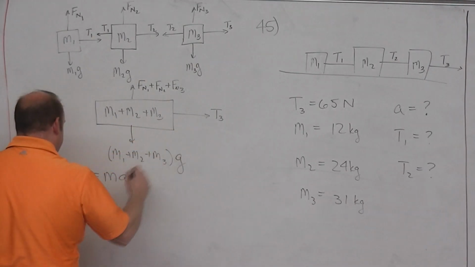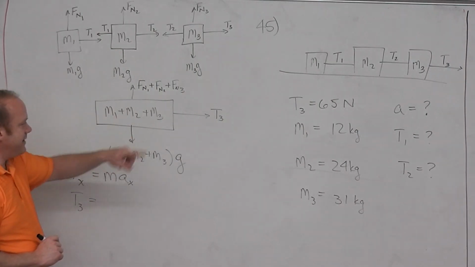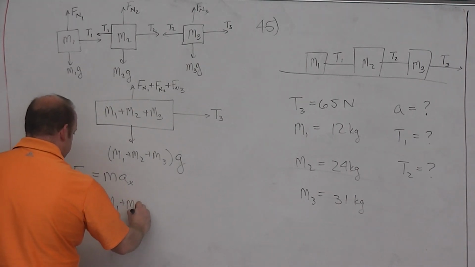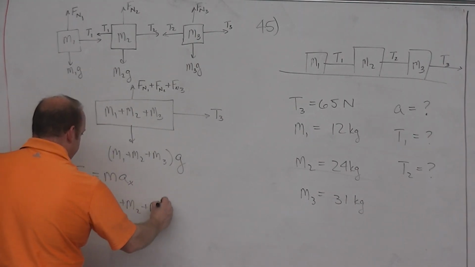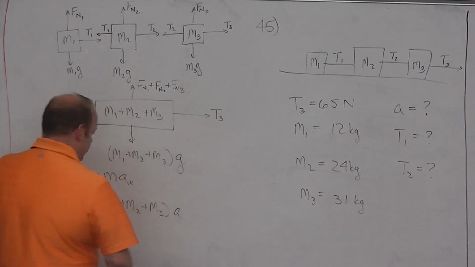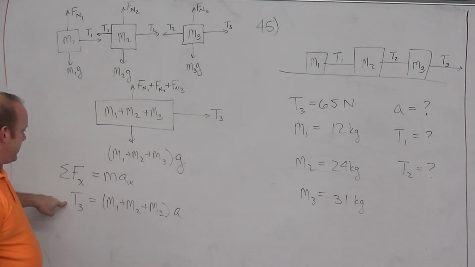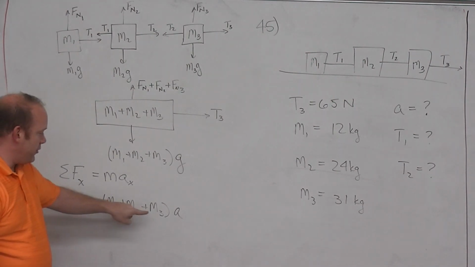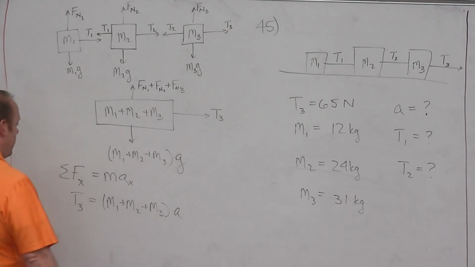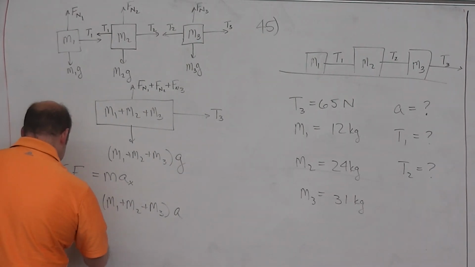There's only one force that acts in the x direction, it's T3. The mass in the x direction is going to be, well, the mass in general doesn't have direction. It's M1 plus M2 plus M3 times acceleration. We know T3. We know M1, M2, and M3. All we have to do is solve for the acceleration. All right? So now T3 is equal to 65 newtons.